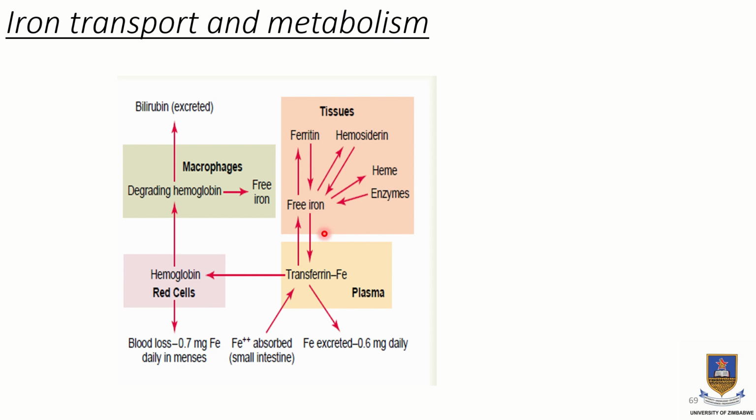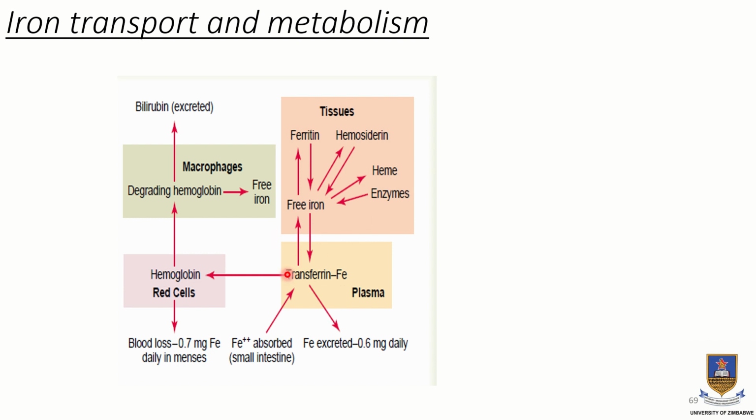We also see that free iron, as we said in the last slide, is principally stored as ferritin in the liver, that is the storage organ, and it's stored in small quantities as hemosiderin, right? This free iron can also be used to make heme.